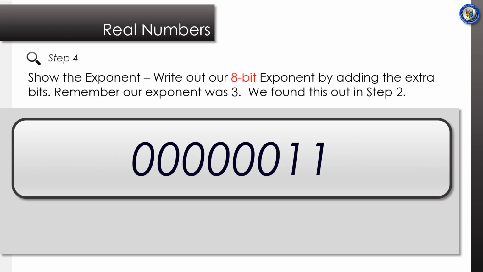In step 4, we will now show our exponent. We will write out our 8-bit exponent by adding the extra bits. Now remember, our exponent was 3. That's because we moved the decimal point 3 places to the left. We found that out in step 2. We can now show our 8-bit exponent.